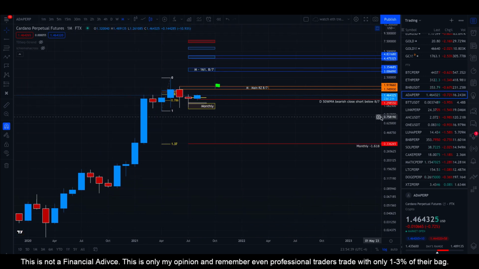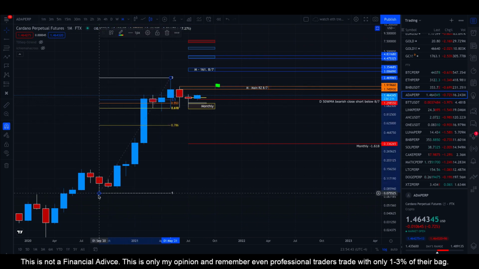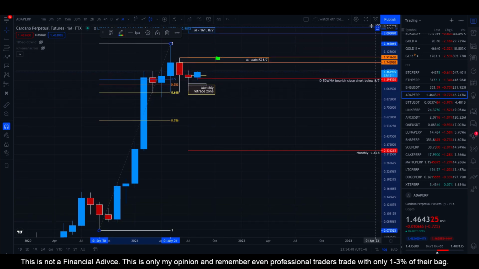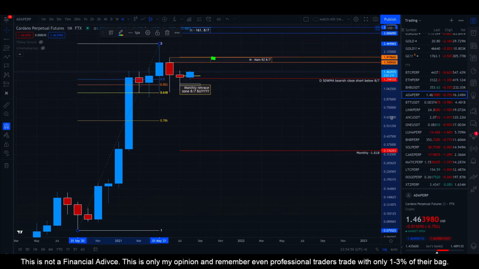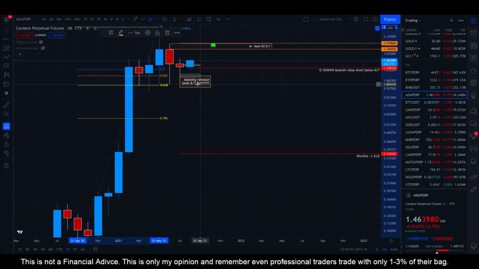If we measure this whole move instead, you'll see here that this is how I got my yellow box.